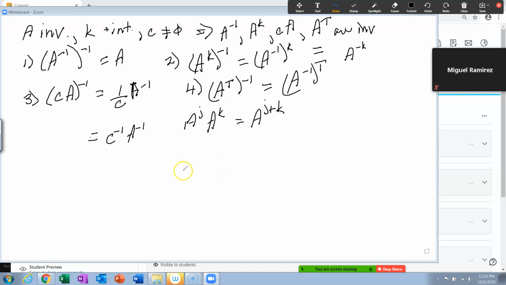And another one, if you had A to the jth raised to the kth power, that's the same as A to the j times k, just like it is for numbers. True for any integers, j and k. Now they say integers, they've quit saying positive integers, because this basically says you can make it work for negative integers as well. All right, that done.